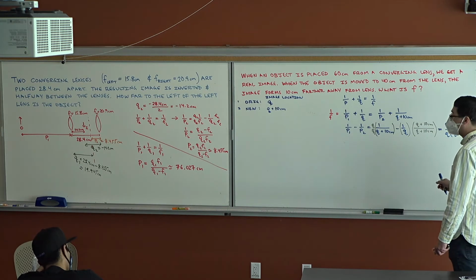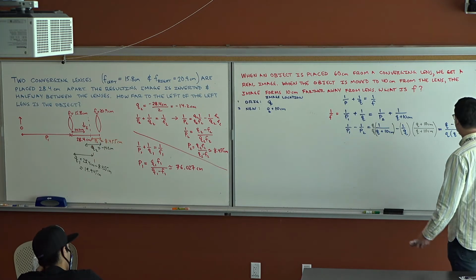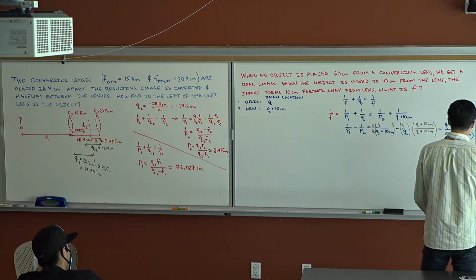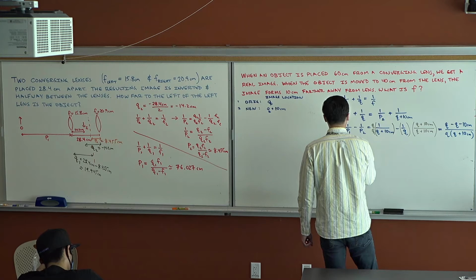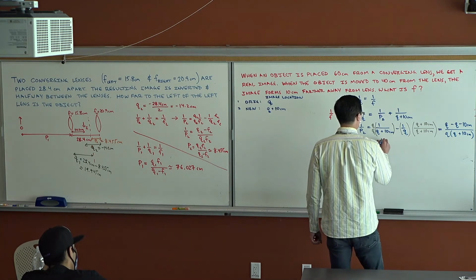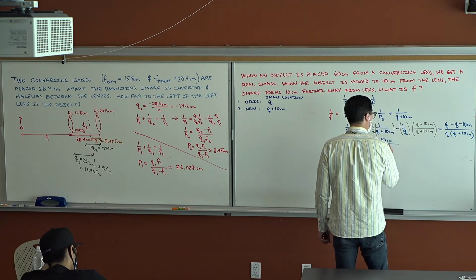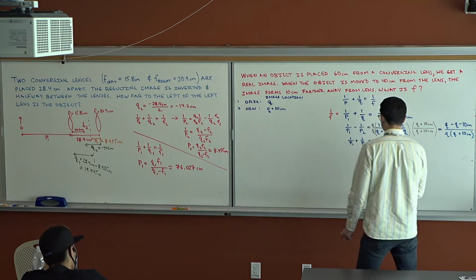What nice thing happens on the top? The Q's cancel. I just get the 10 centimeter piece. So I get that 1 over P1 minus 1 over P2 is equal to minus 10 centimeters over Q times Q plus 10 centimeters.